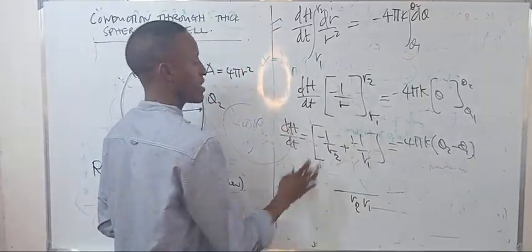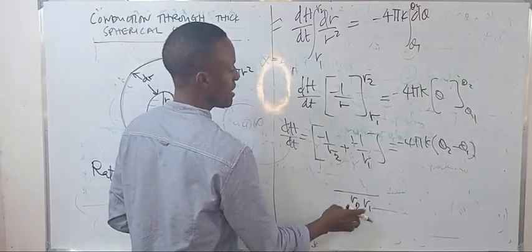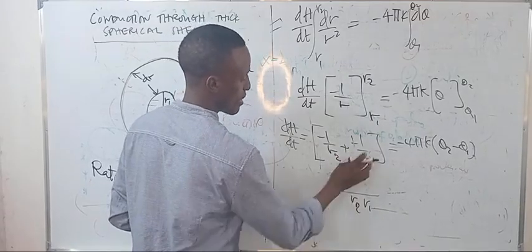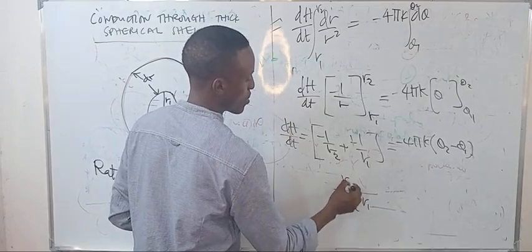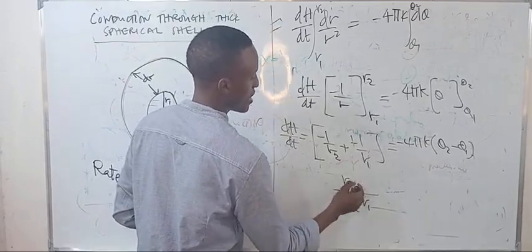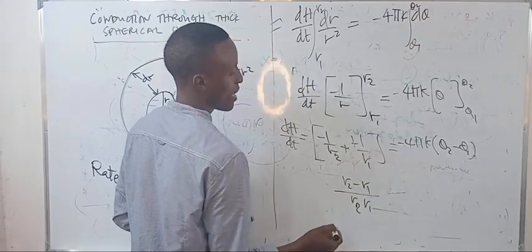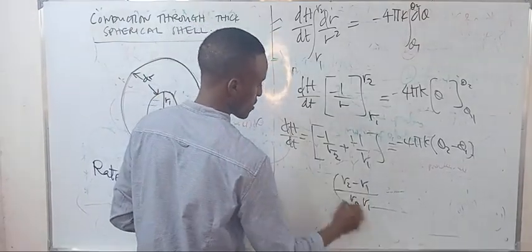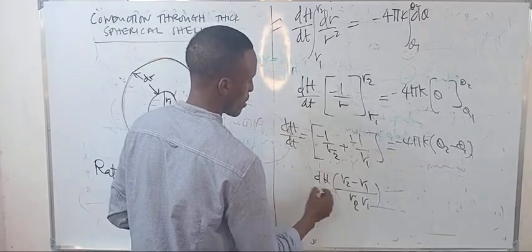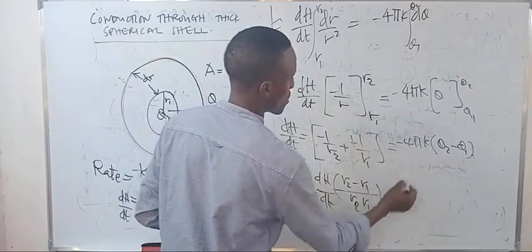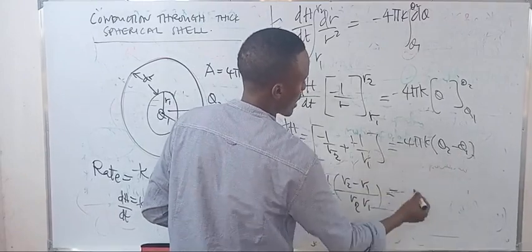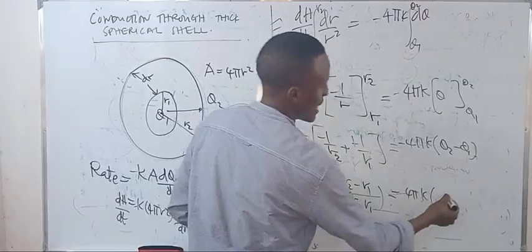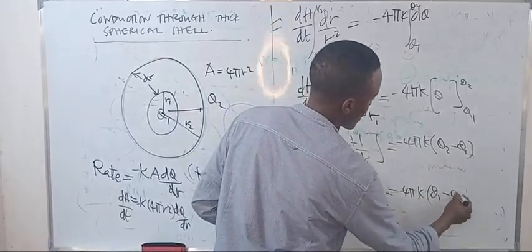Because this is negative, if I divide by R1, I just get R2, and if I divide here, it is just minus R1. So this is dH over dt, which is now equal to, this negative enters inside, 4 pi k, then theta 1 minus theta 2.